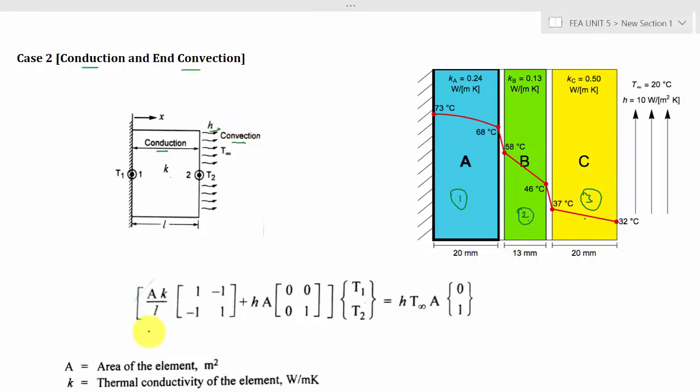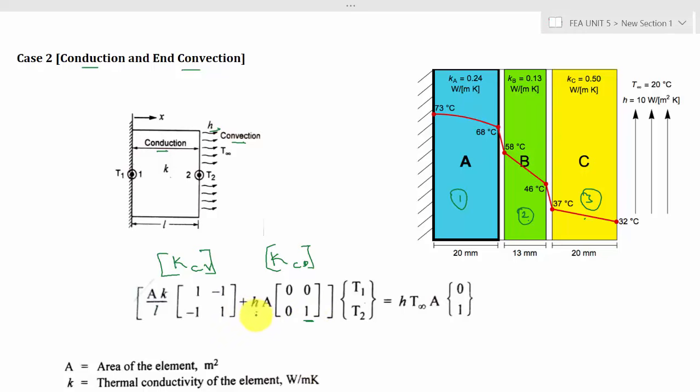This is the equation for conduction with end convection. It is AK by L times the matrix [1 -1; -1 1]. This is for K conduction, and this is for K convection, which is hA times the matrix [0 0; 0 1], because convection takes place only at the end.